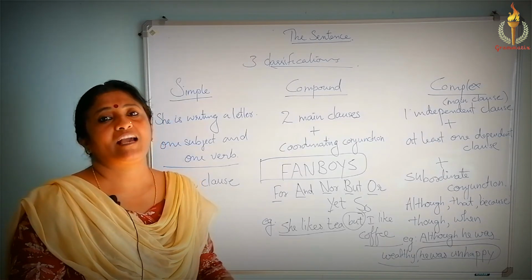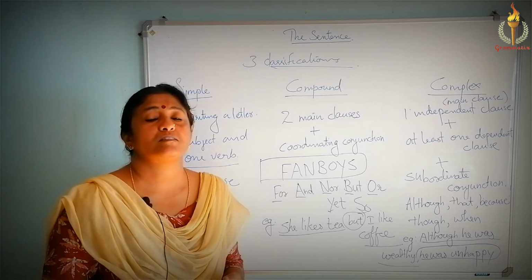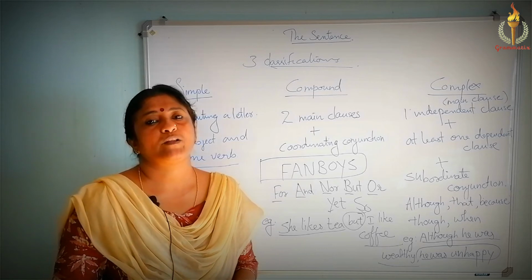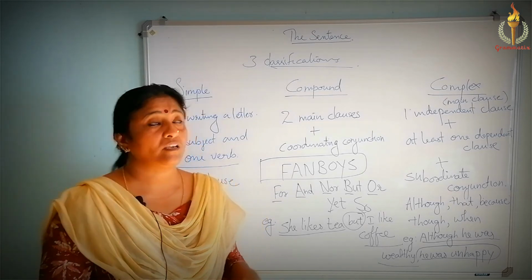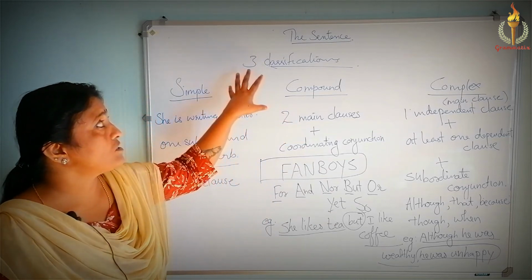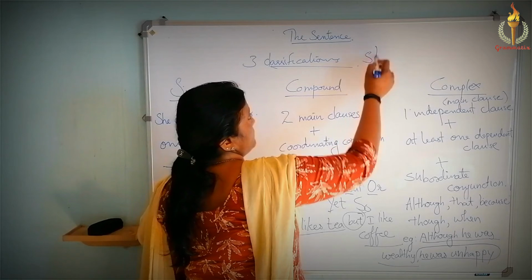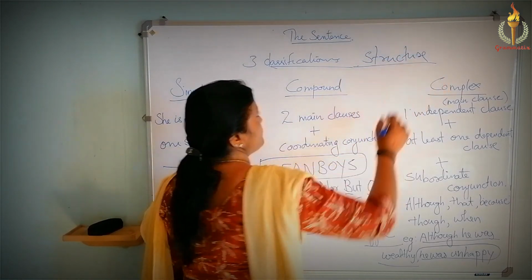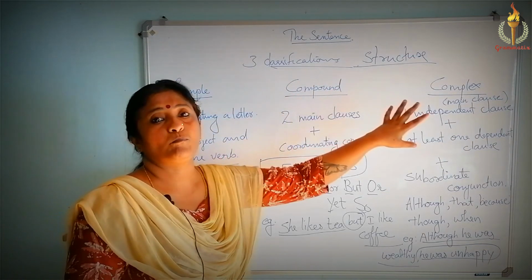So we'll be having a look at what we did today. The sentence, phrase, clause, main clause or independent clause, subordinate clause or dependent clause. These are the terms that we studied today, and the classifications of sentence according to their structure. There are three classifications: simple, compound and complex.